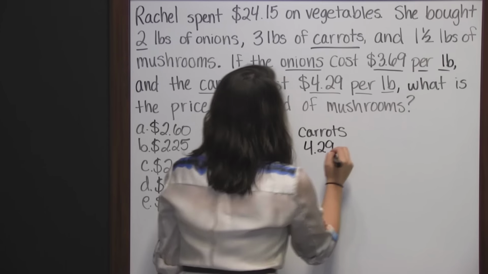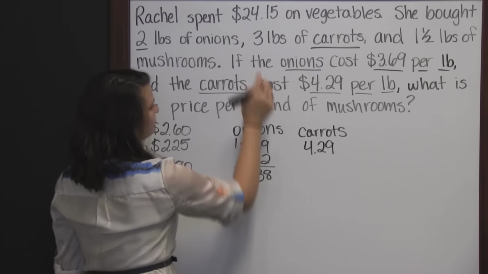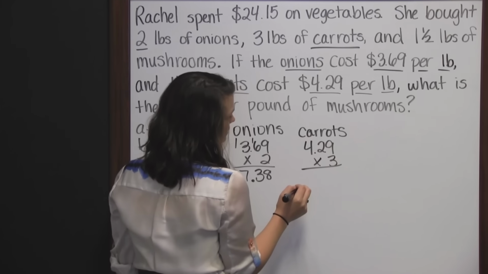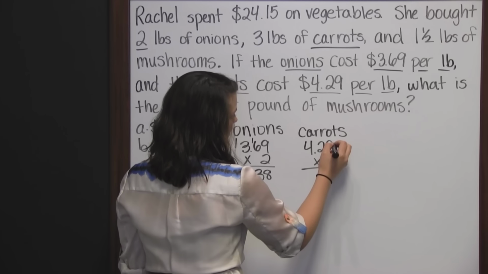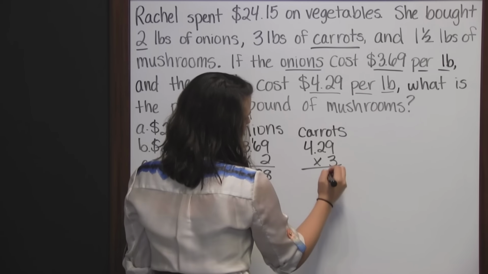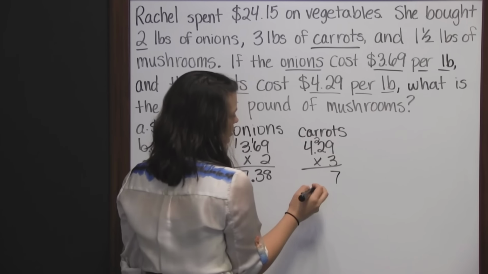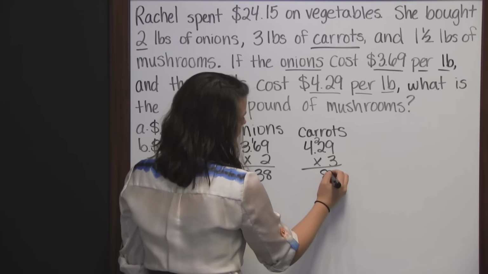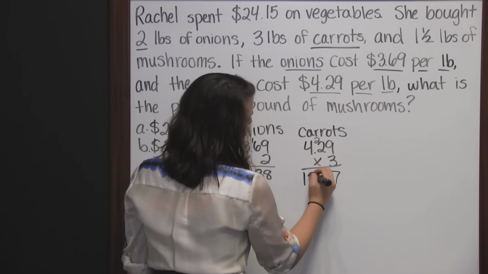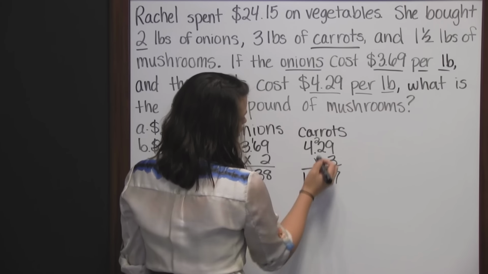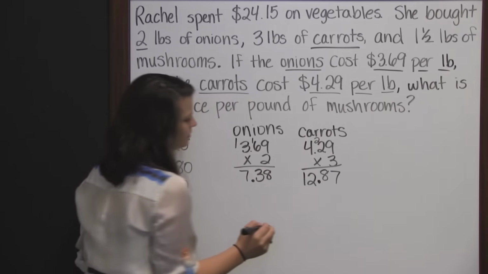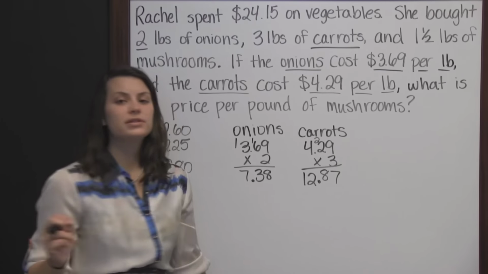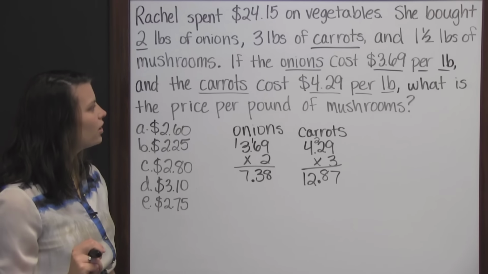So $4.29 times 3, since she bought 3 pounds of carrots. 3 times 9 is 27, write the 7, carry the 2. 3 times 2 is 6, plus 2 is 8. And 3 times 4 is 12. 2 numbers behind the decimal, 2 numbers behind the decimal. So she spent a total of $12.87 on carrots.